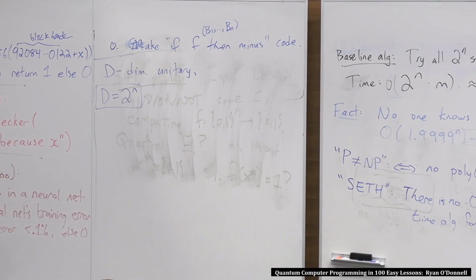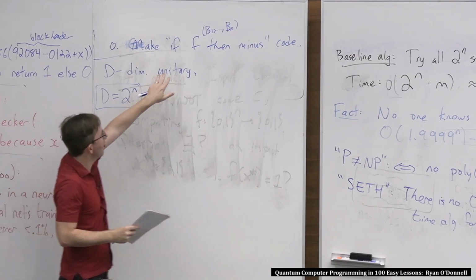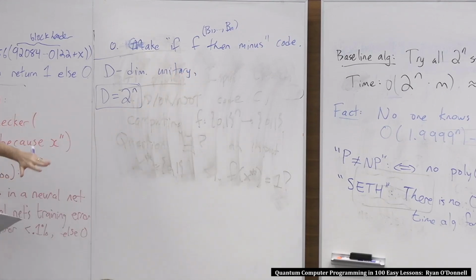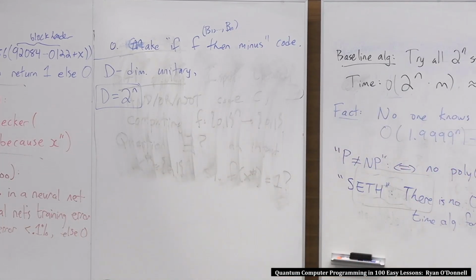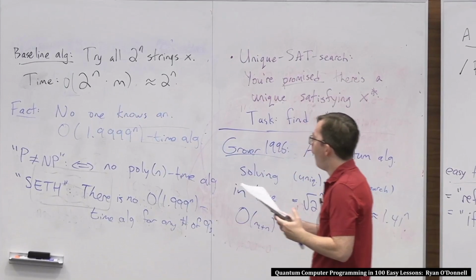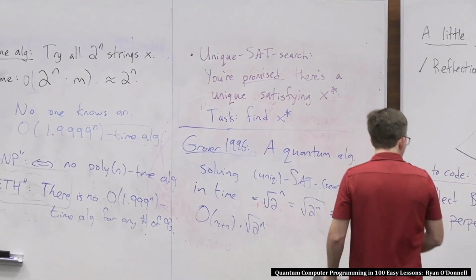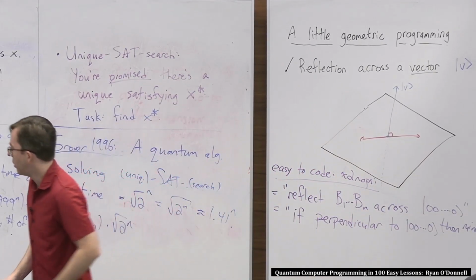And we're trying to figure out what it is. If you think about it, it's kind of like a reflection through the plane orthogonal to the secret string ket x star. And we're trying to figure out what is ket x star. So let's think about it as an operation on d-dimensional vectors.